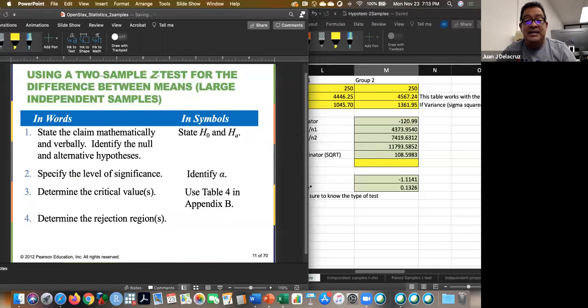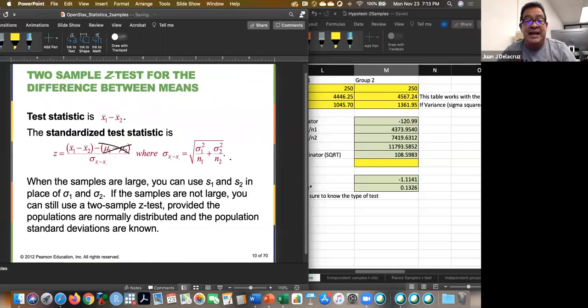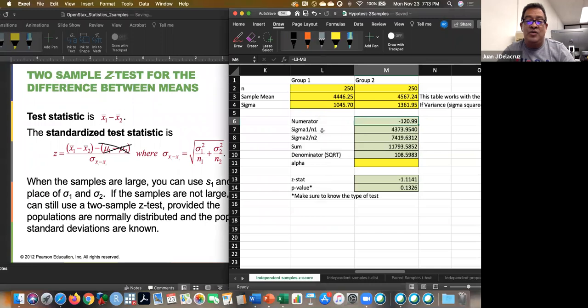But remember, the standard error is something that is a little bit more elaborate. So I did sigma 1 squared over n1, then sigma 2 squared over n2. I divided each sigma by the two sample sizes, then I add them up, and then I take the square root of this.